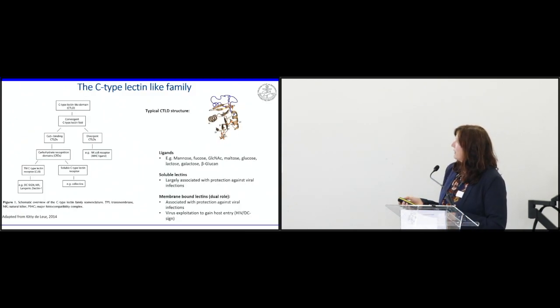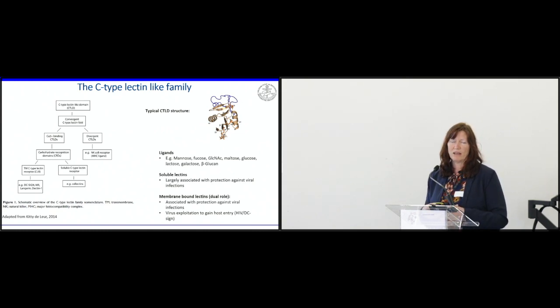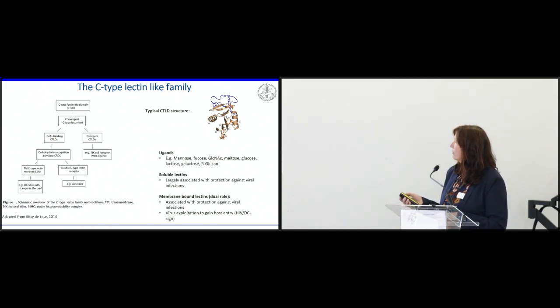We have been looking into the many genes encoding C-type lectins, and it is known from mammals that this is a huge family, and they're divided into different subgroups, and some are even soluble.